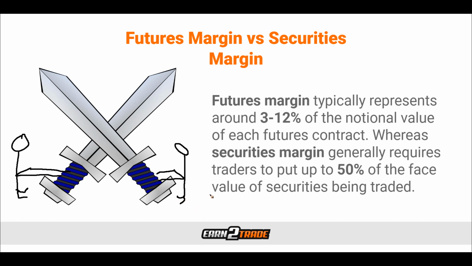So essentially what we've got going on here between the two of them, futures margin typically represents around 3 to 12% of the notional value of each futures contract, whereas securities margin generally requires the traders to put up somewhere around 50%, and it does change, but 50% in the face of the value of the security being traded. That's a huge difference. We're talking about 3 to 12% to 50%.